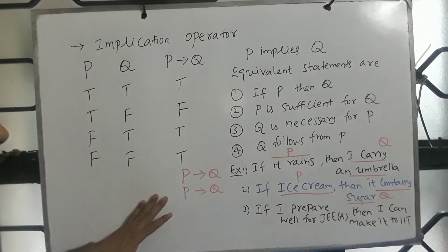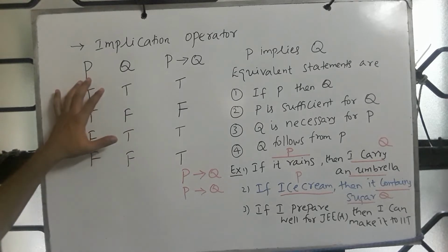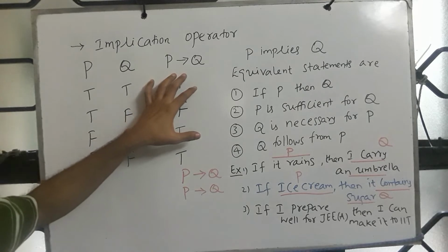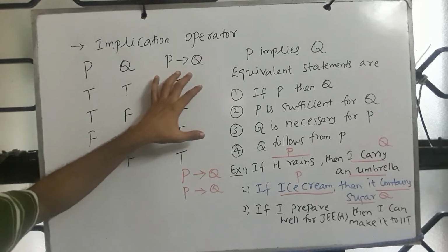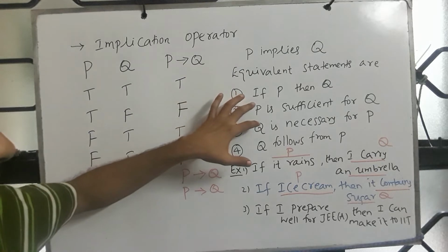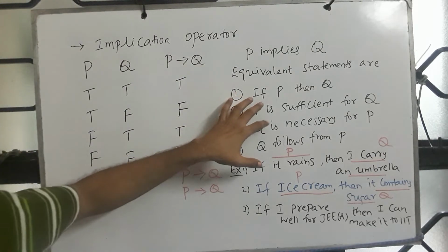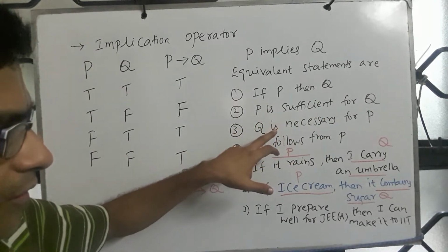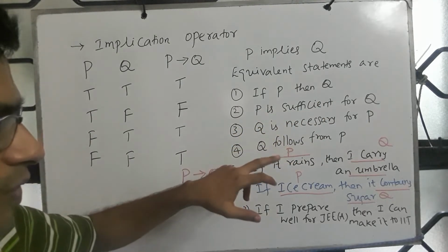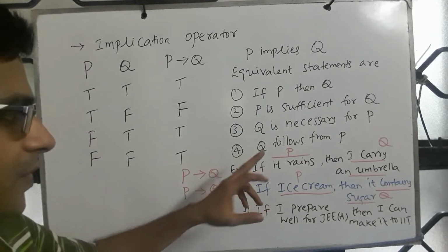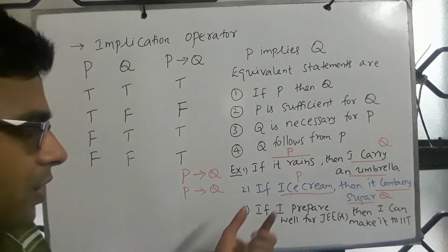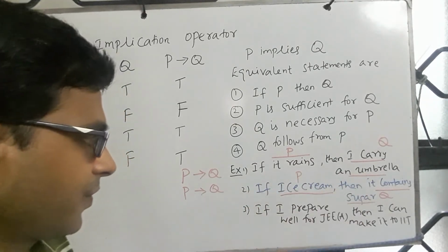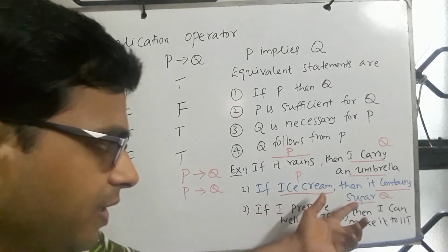I repeat, given two propositions, we combine them using this operator, and this operator in English refers to statements of this type. If P then Q, P is sufficient for Q, Q is necessary for P, Q follows from P. Examples: if it rains, then I carry an umbrella. If ice cream, then it contains sugar.